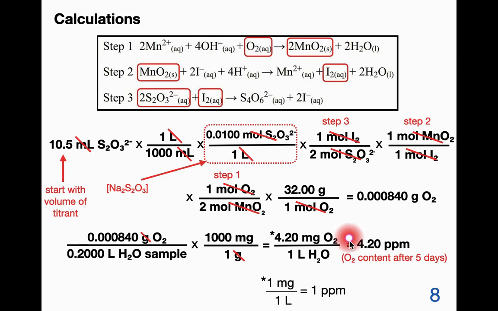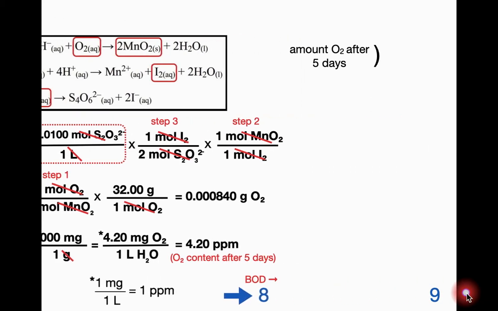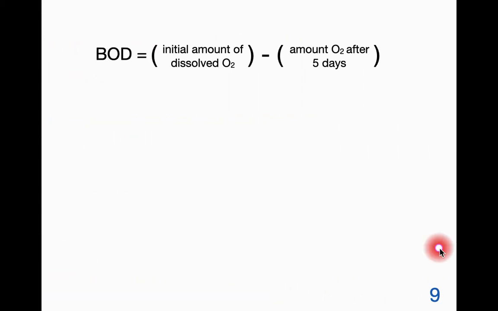Now remember, that is not the biological oxygen demand. That is the amount of oxygen after 5 days. We need to do one more step to calculate the biological oxygen demand, but it's an easy step. To calculate the biological oxygen demand, all we need to do is subtract the amount of oxygen that we have after 5 days from the initial amount.